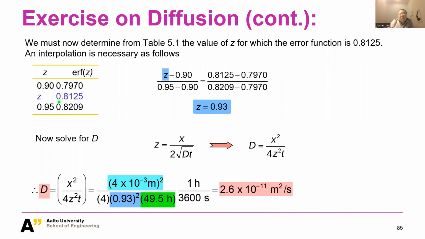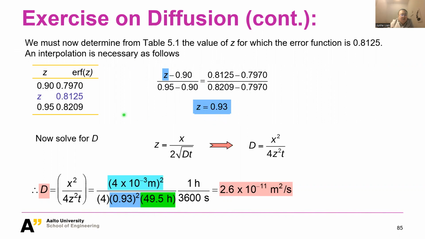And how do we find out? Basically, if you recall your differential courses or numerical courses, we assume this is a linear relationship, right? From this very small, tiny change of your z. Basically, now you just apply this linear relationship, and you can do the interpolation, and you get your z.